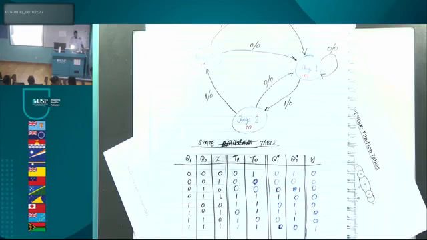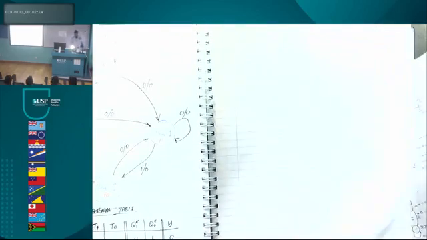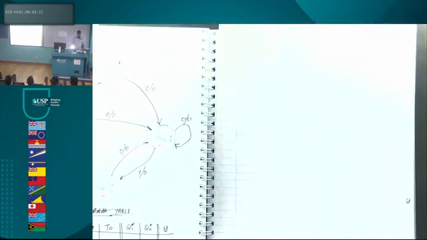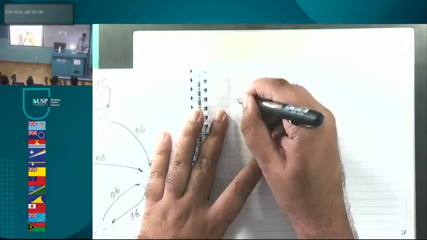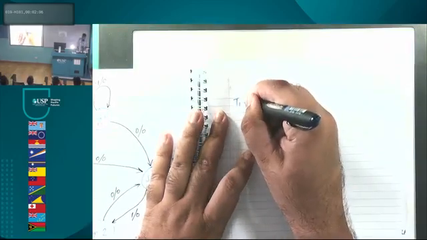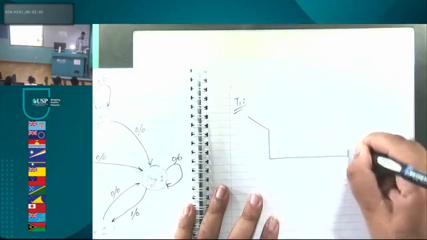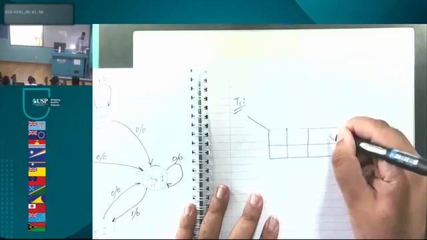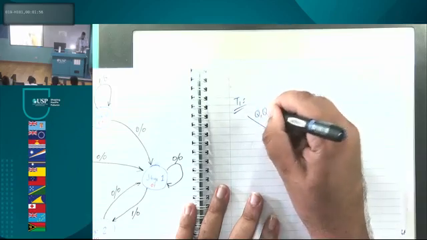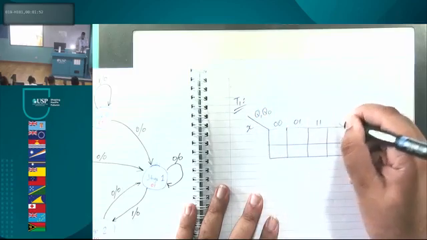All right. Okay, now. It's not over yet. We find the flip-flop inputs, T1. We draw a Karnaugh map. Check this out. Q1, Q0, and this is X. 0, 0, 0, 1, 1, 1, 1, 0.